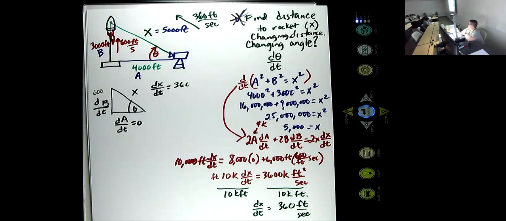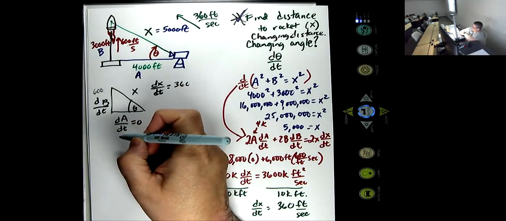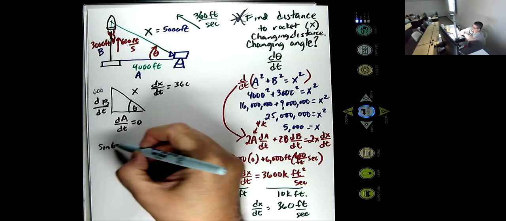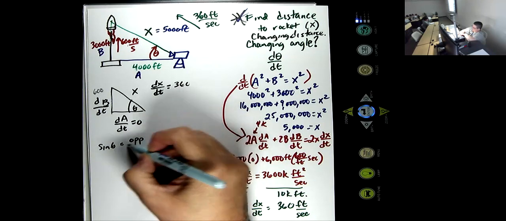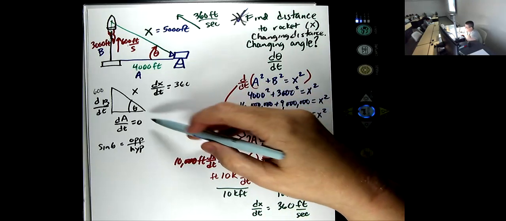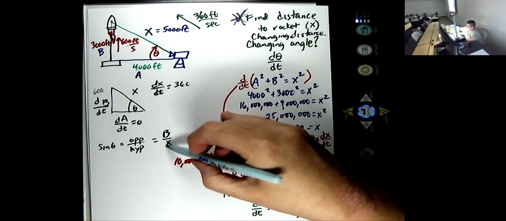No preference. No one cares. All right. Sorry. Sine. Okay. So sine theta is opposite over hypotenuse. SOHCAHTOA. So opposite is b over x.